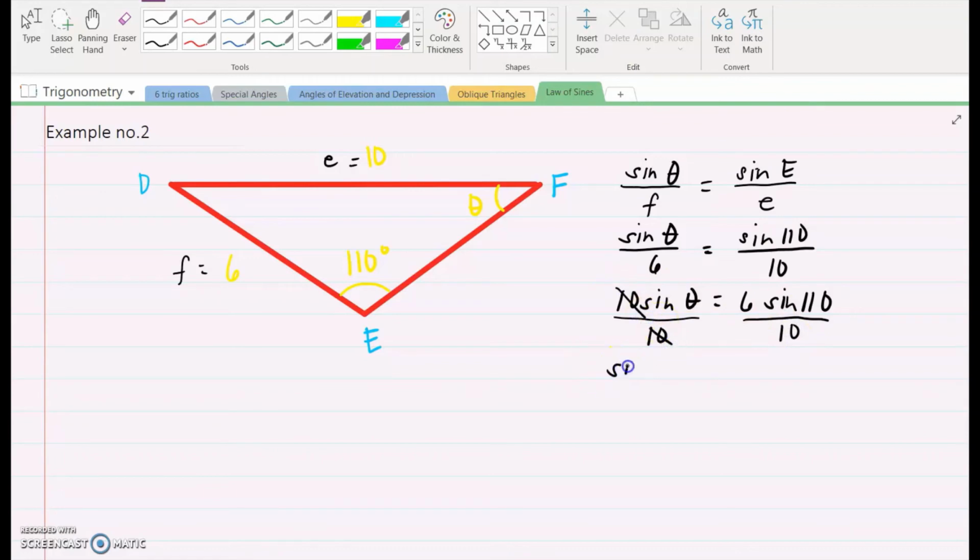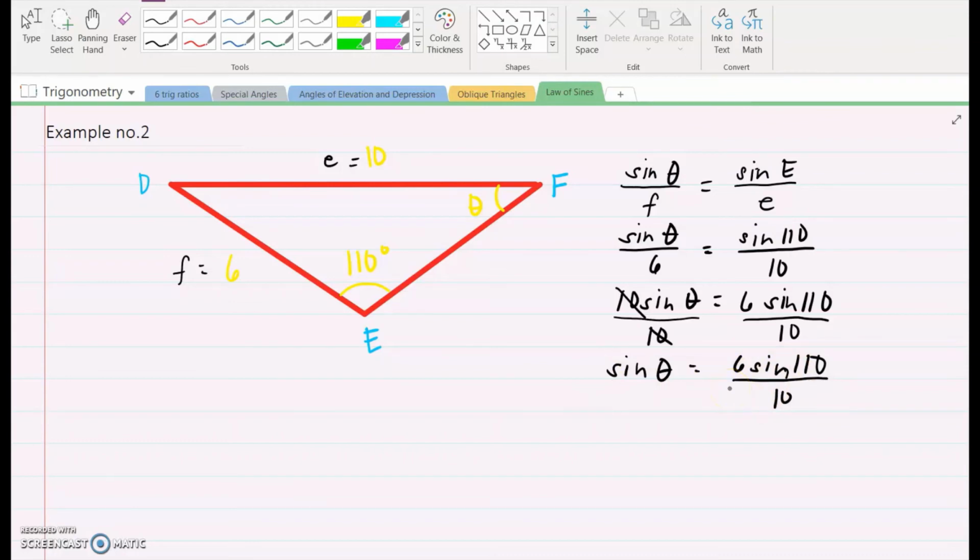So we have sine theta equals 6 sine 110 over 10. We can actually use the calculator here, directly multiplying 6 by sine 110 then dividing by 10.